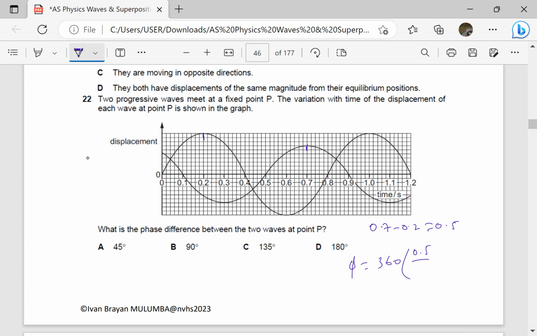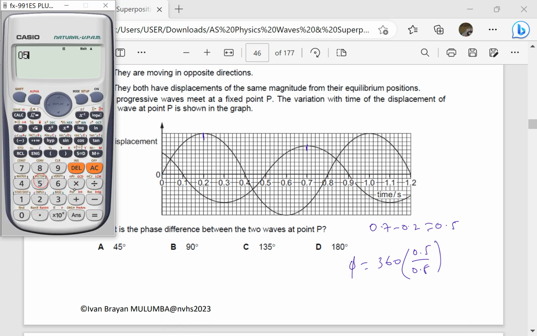The period is actually going to be 0.8. So 0.5 divided by 0.8 times 360. So that is 225.